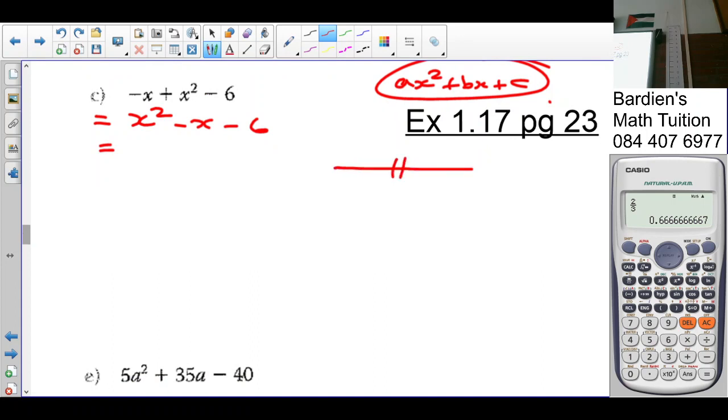What are the factors? 1 and 1, 1 and 6, 2 and 3. We add or subtract our products. You subtract them. So 1 times 6 is 6, 1 times 1 is 1. You subtract, you get 5. So it's actually the other one. 1 times 3 is 3, 1 times 2 is 2. Subtracted, you get 1, and that's what I want. So it's going to be a 1 and a 2 in a bracket, and a 1 and a 3.